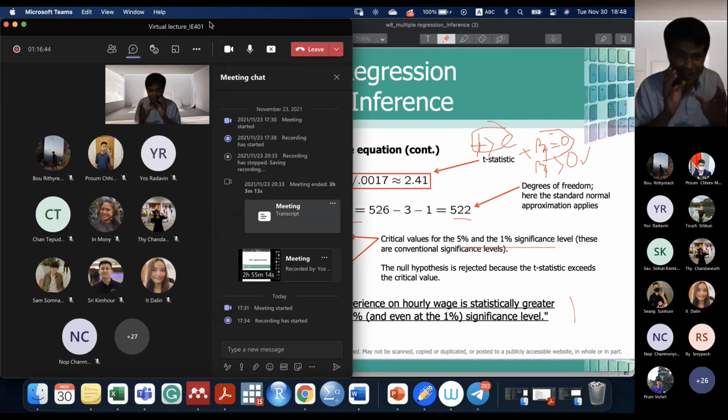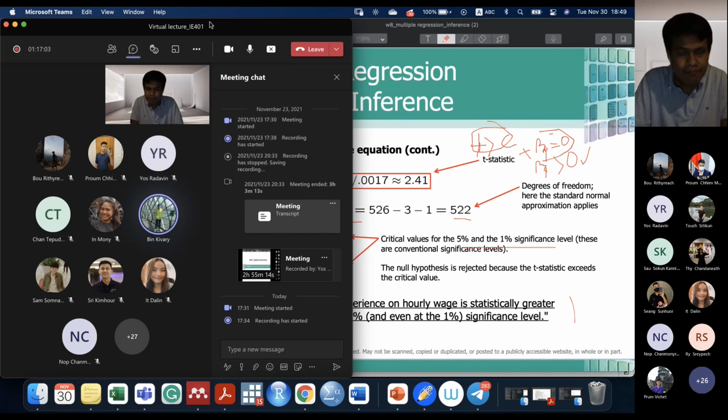I heard a question from a few of you. So I have another question, class. Go ahead. What is the difference between using the t and using the p value?